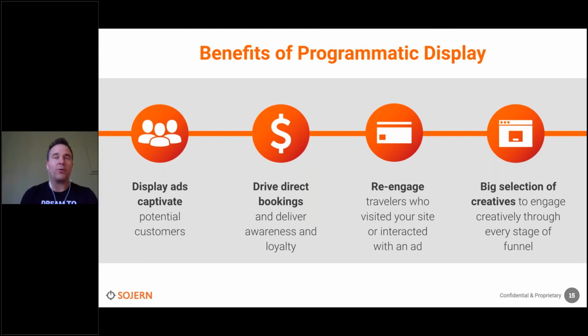So video, search ads, print ads, radio, those all have their place in sections of that funnel, and they can all be somewhat effective in the pocket of the funnel in which they operate, but only programmatic display allows you to consistently get your messaging in front of customers from before they even get into the funnel all the way through the booking event that happens at the end of the funnel.